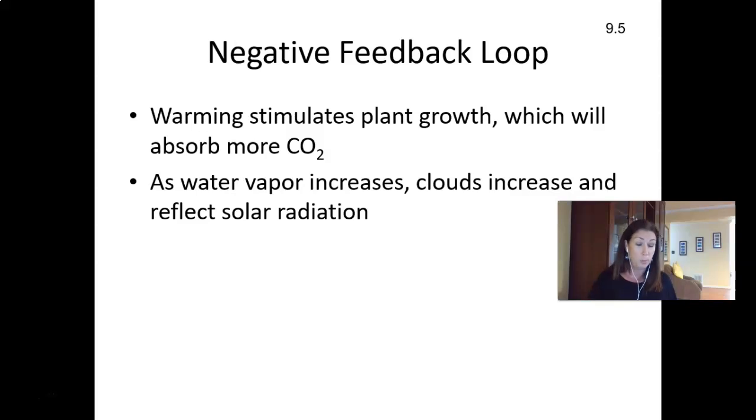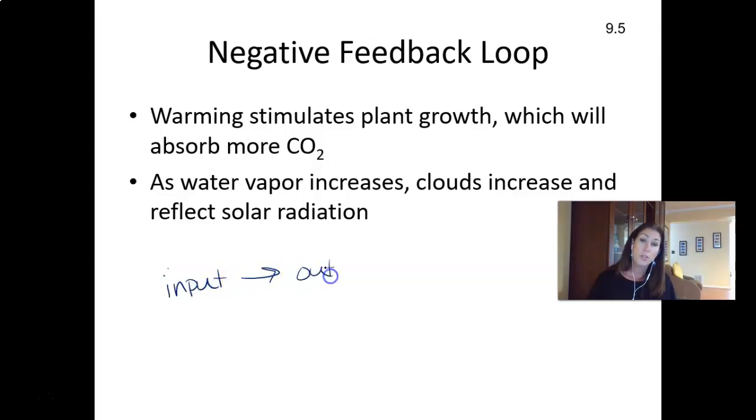Now, feedback loops are an important concept and sometimes they're a little bit tricky to get. So I want to try to draw this out a little bit down here. A feedback loop tells us that you have an input in one direction and that leads to an output.